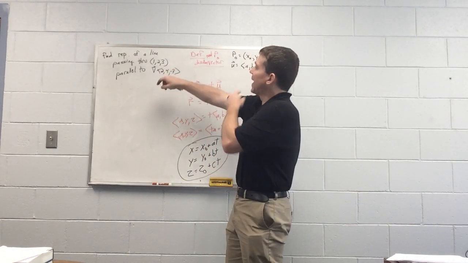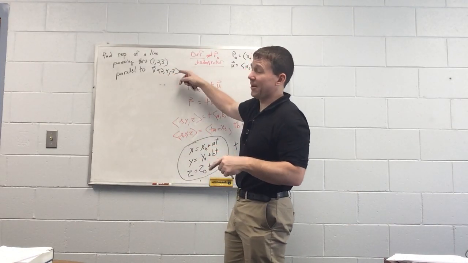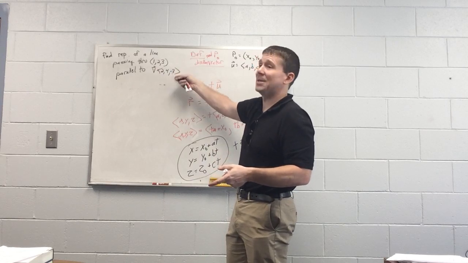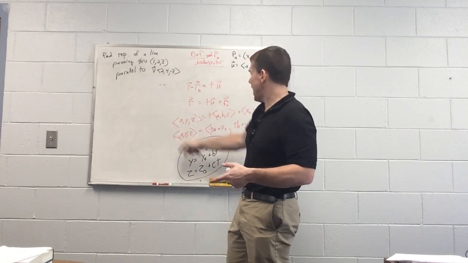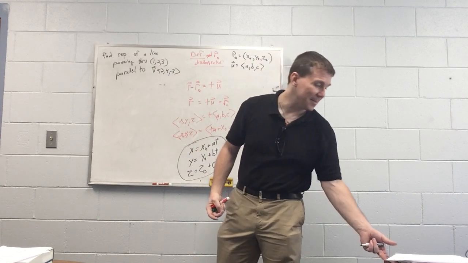So, I have a point on the line, a p sub 0. I have a vector parallel to it, which means the direction is the same as this vector. So I have my direction vector.